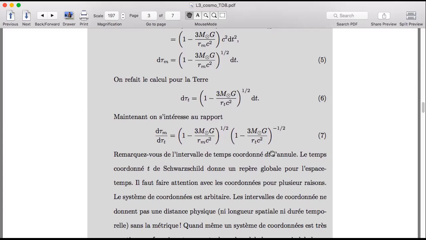Historically, it might seem like I'm harping on about these points here, but historically, there's been a lot of confusion about these different time intervals and what they mean.